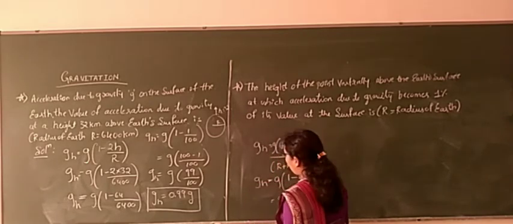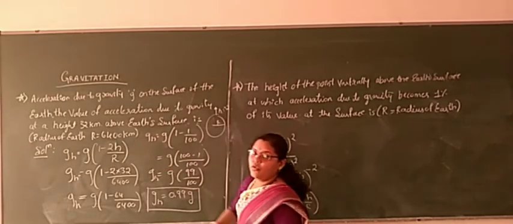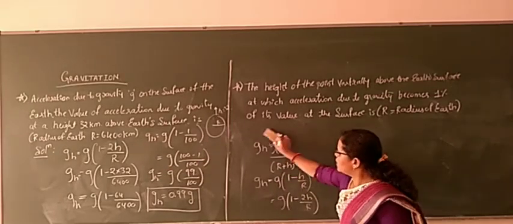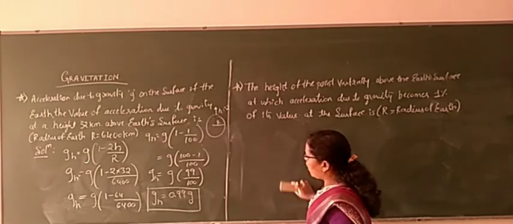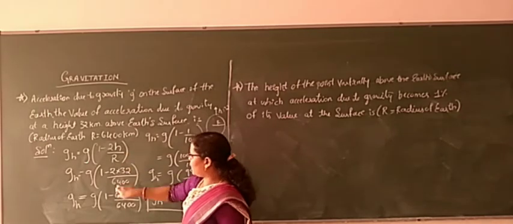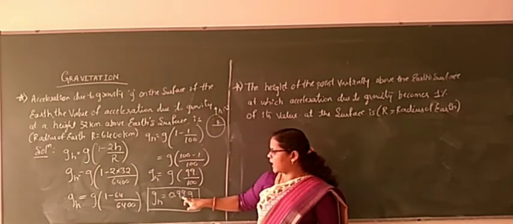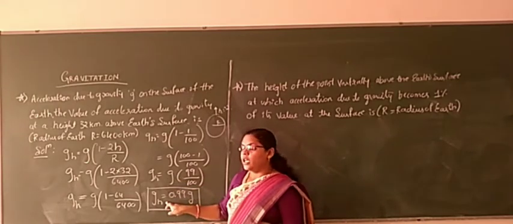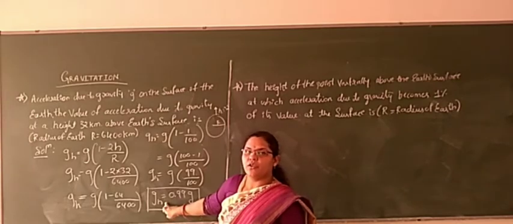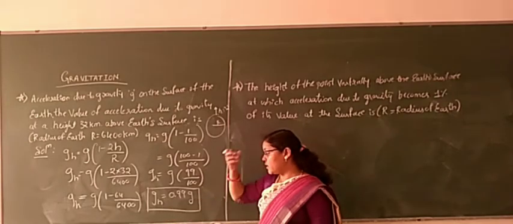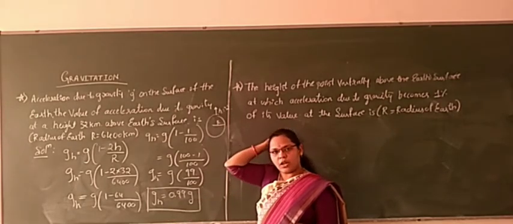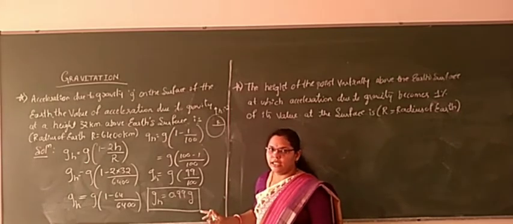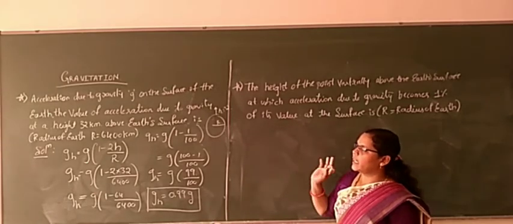Directly I have substituted this in the solution of this equation. So what value do we get? Substituting h and r values we will get 0.99 g here. That is, the acceleration due to gravity at a certain height from the surface of the earth is equal to 0.99 times the acceleration due to gravity on the surface of the earth. So this is the solution of that question.